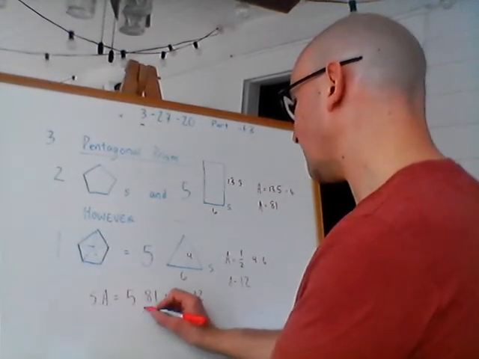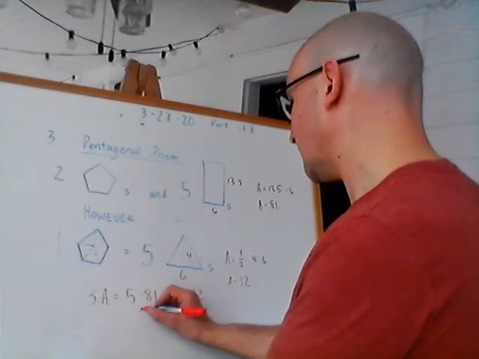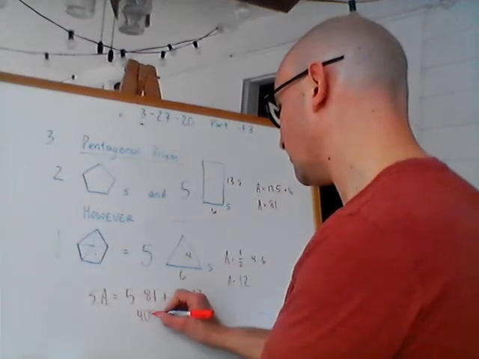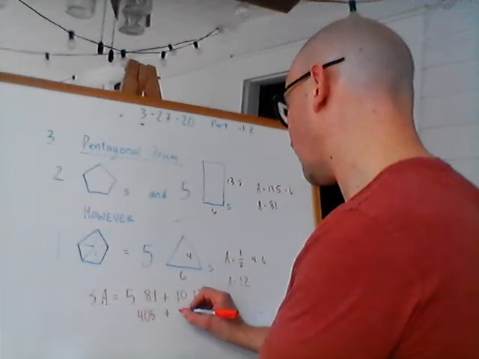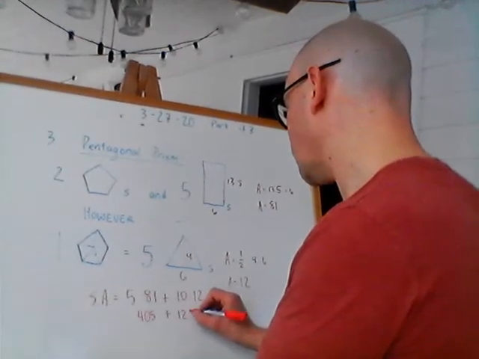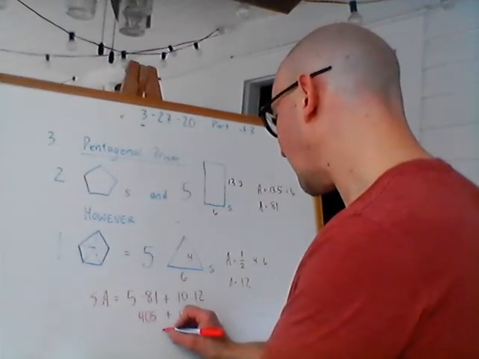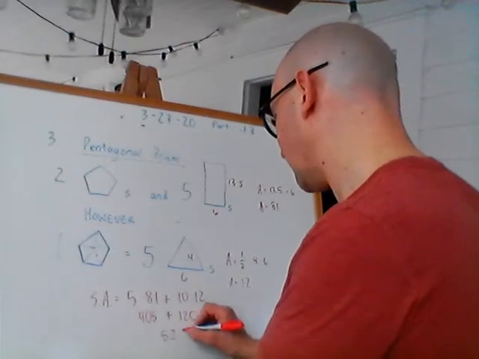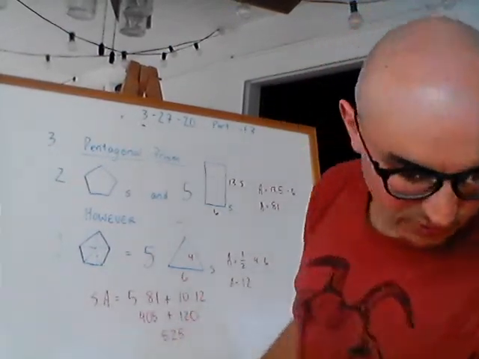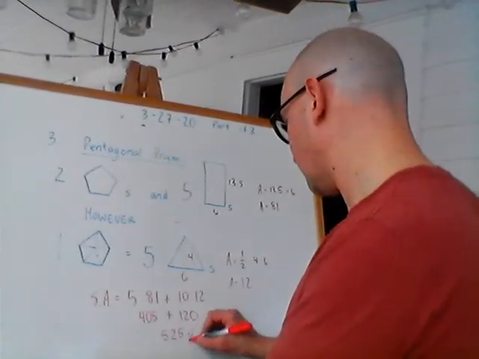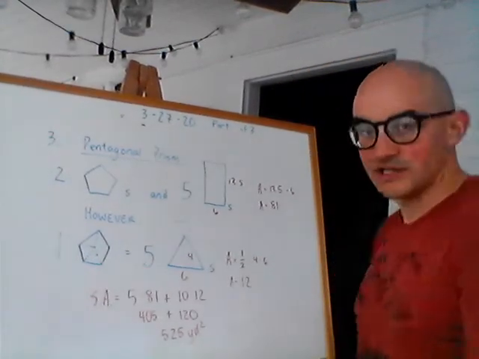And so 5 times 81, let's see, that would give us 405. 10 times 12, 120. Add them together and we get 525. And let's see, what unit are we talking about? Yards squared. Okay, so that's problem 3.